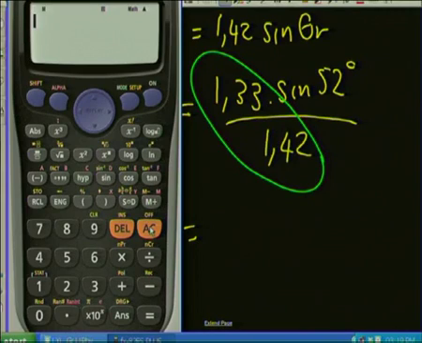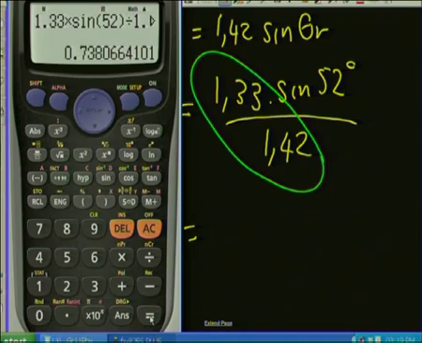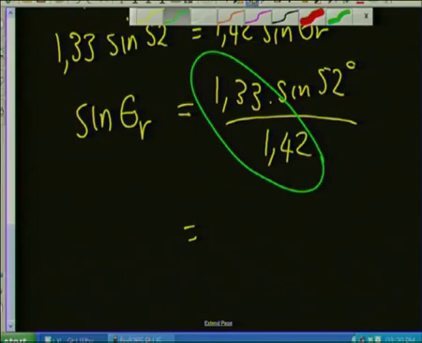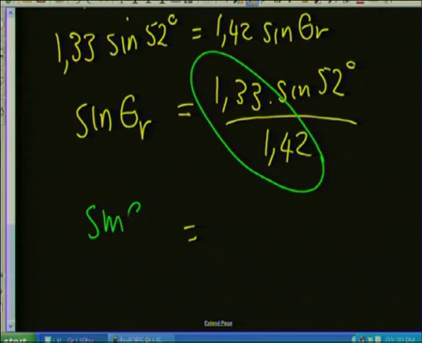Let's substitute in 1,33 multiplied by the sine of 52, close the brackets, divided by 1,42, and that's going to give me an answer of 0,738. Okay, I'm going to use the shift function on that to get my angle, because that's really what I'm wanting. But I do want to take a note of it, so I'm going to write it down: sine of theta r is 0,738.